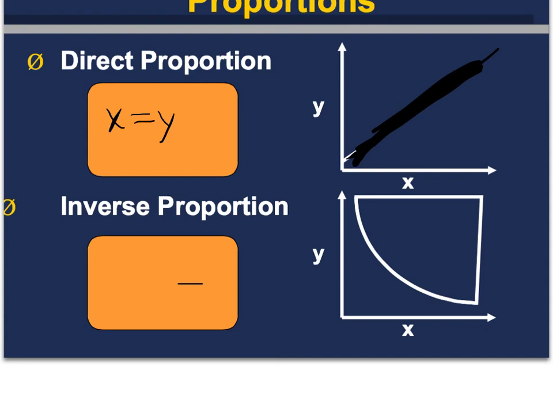On the other hand, if it is an inverse relationship, they don't increase at the same rate. And so we get this, I guess I want to call it a parabola. I'm not a math teacher. You guys can school me on this tomorrow. But then maybe here, x is equaling 1 over y. So it's an inverse or the opposite, I kind of think of it. And so we'll get this curved shaped line.